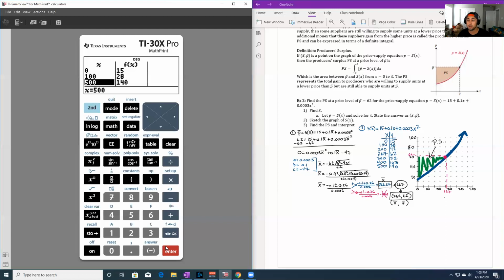Okay, now all we have to do is set up the definite integral. The producer surplus integral, sorry. All right.